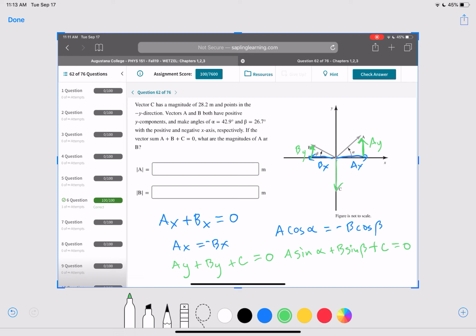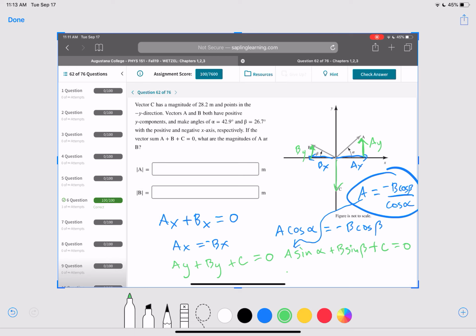Okay, then what we can do is say that A is equal to minus B cosine of beta divided by cosine of alpha. Okay, and that's our A value. We're going to grab that and substitute it in here to get rid of any A's in this equation. And that means we can solve it.